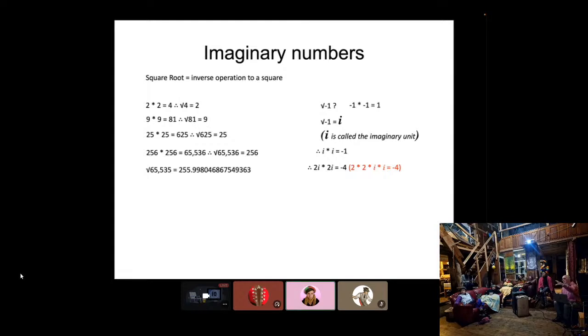Because if you multiply those two numbers, 2 times 2 is 4, times i times i, which is -1, is -4. That makes sense? So the maths works that way. Thanks to Naomi for that extra tip there. So 256i times 256i is -65,536.